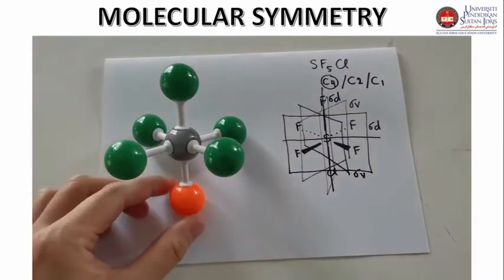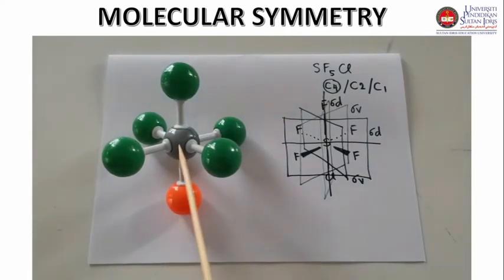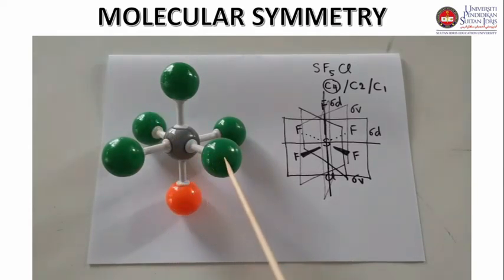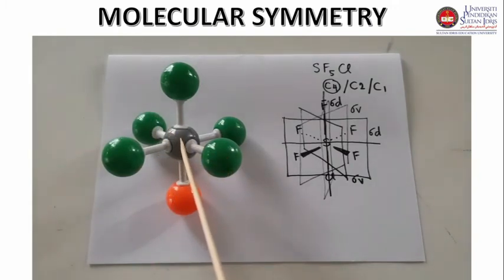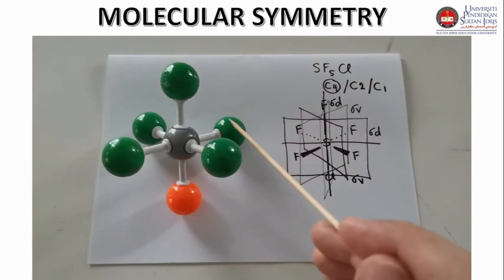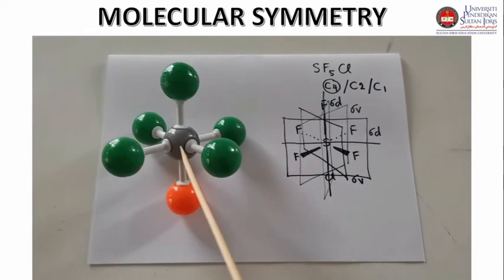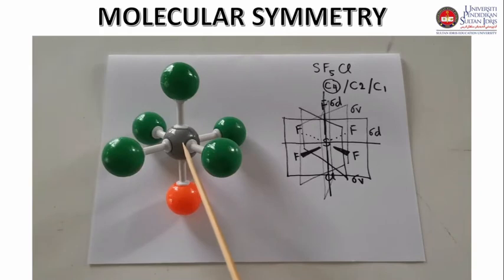So guys, now check the improper axis of symmetry, that is S4 symmetry, in this molecule. This is the sulfur atom, and we check the S4 symmetry operation along this C4 axis. Does a center of inversion exist? No, the center of inversion does not exist, because if we go through the right and top we can obtain a chlorine atom, but if we move upward and downward we do not get the same atom, because in the upward direction we get a fluorine atom and in the downward direction we get a chlorine atom.